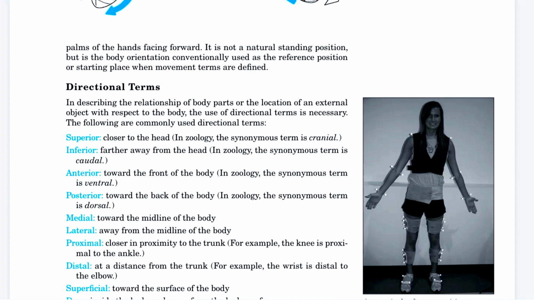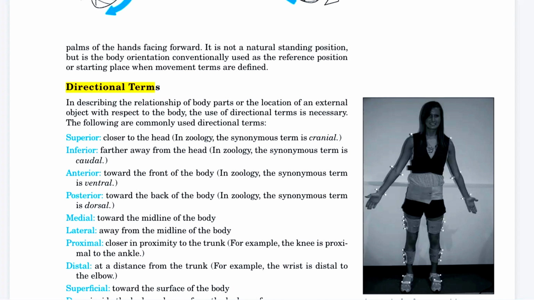Now, after discussing the anatomical reference position, we can go on to the directional terms. Directional terms help us describe the location of body parts in relation to each other.